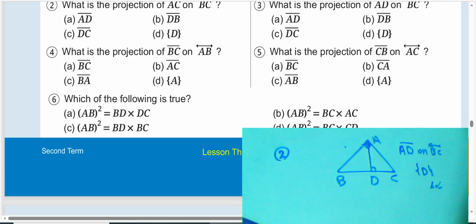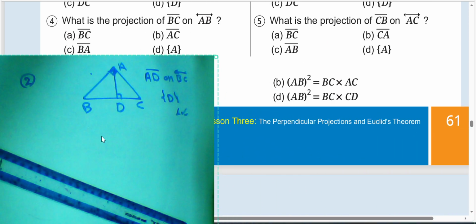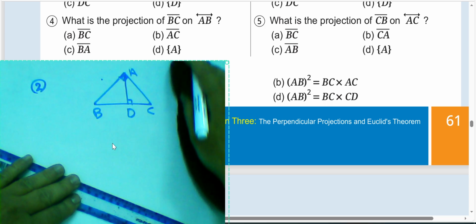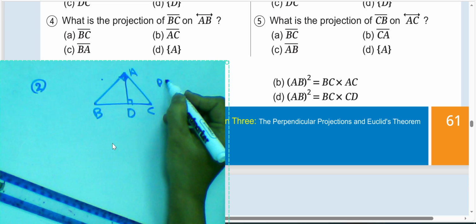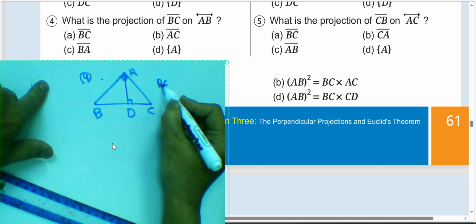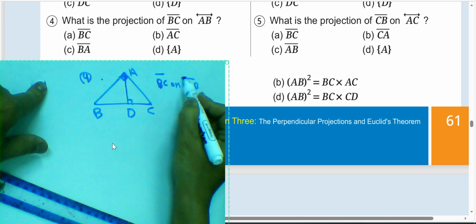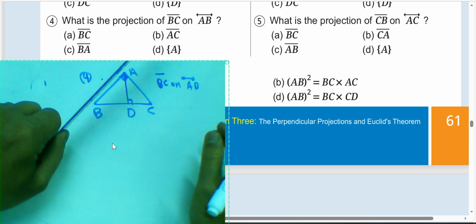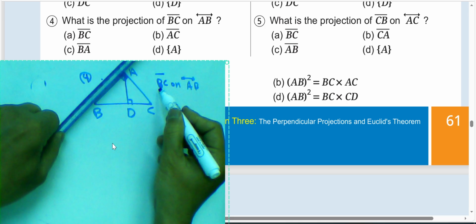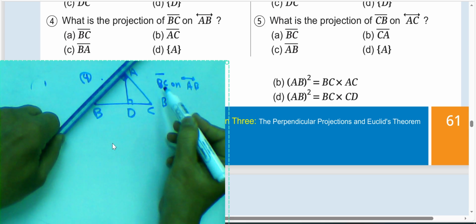Next question number 4. This is the projection of BC on AB. Listen, we want to find the projection of BC on the straight line AB. Put your ruler at AB here. The projection of B, lying on the straight line, will be B here.